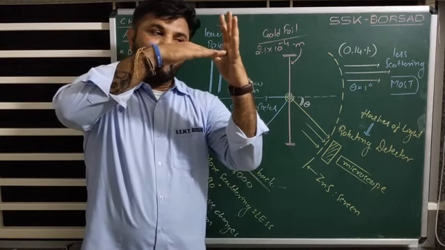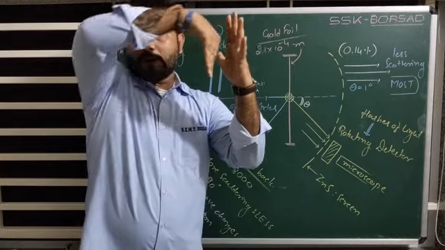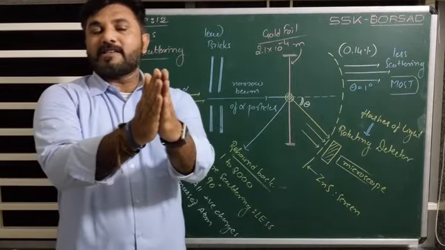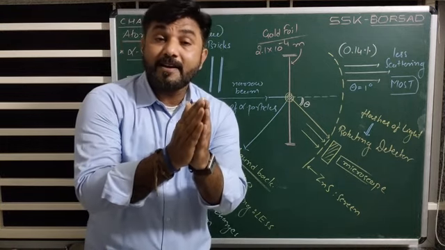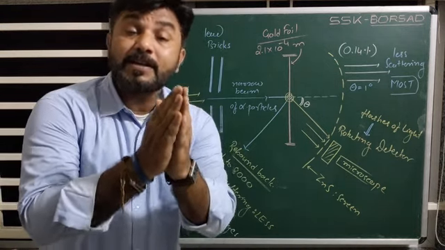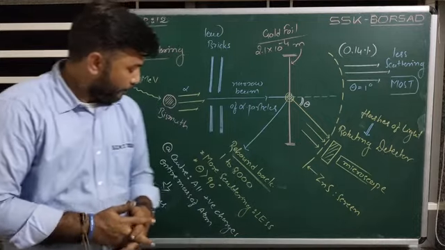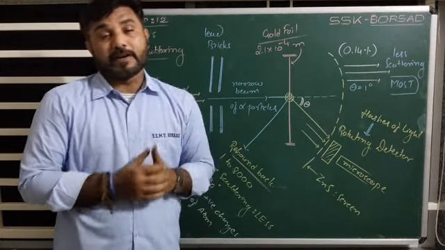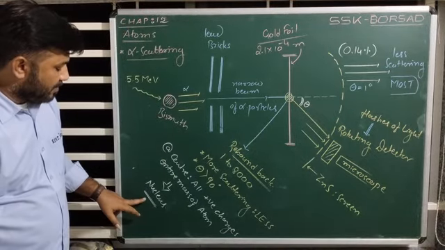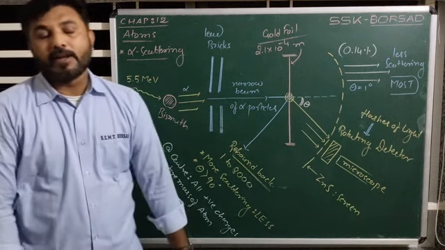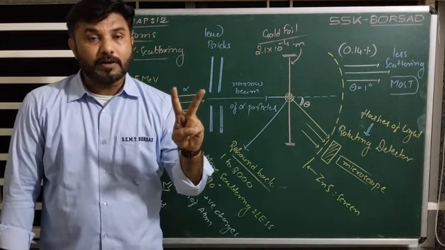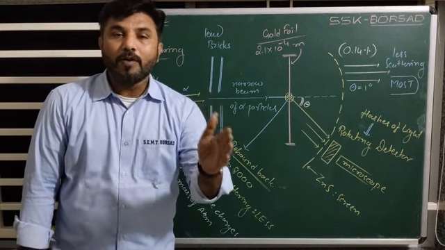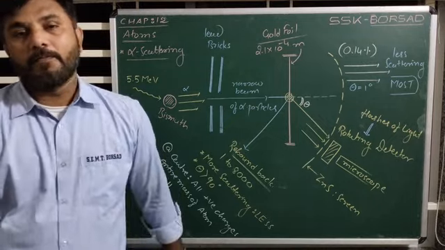So because alpha particle is plus, it is also plus, it rebounds back. And from which region does it rebound back? Where the entire positive charge is concentrated. The entire mass of an atom is concentrated, and that is known as nucleus. Clear? So these are the two conclusions, and from them we can say that nucleus was invented by Rutherford.